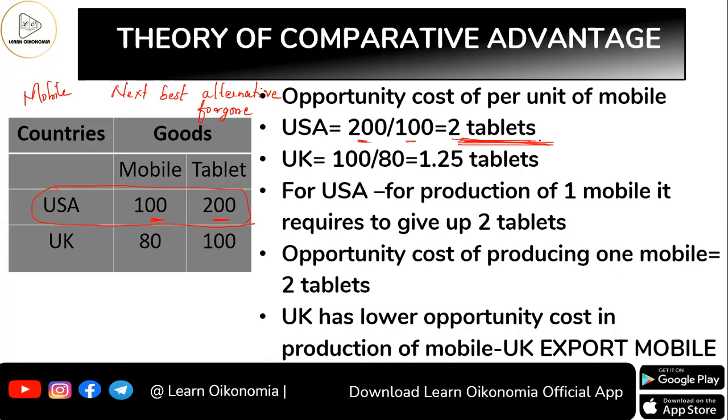Now consider the case of UK here. UK's opportunity cost per unit of mobile, this is what we have to analyze. We just require to take this particular row and analyze what is happening. UK could either produce 80 mobiles, or it could produce 100 tablets, right? So for UK, you just go for 100 divided by 80.